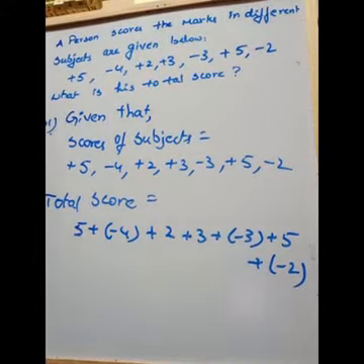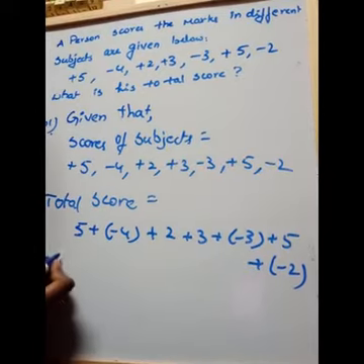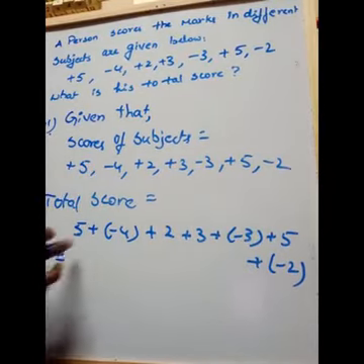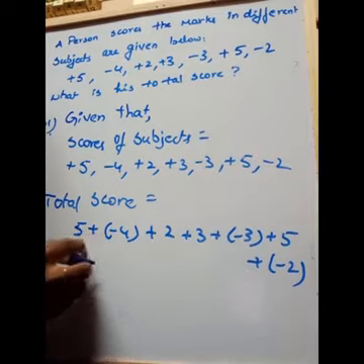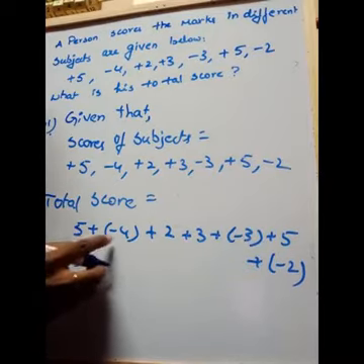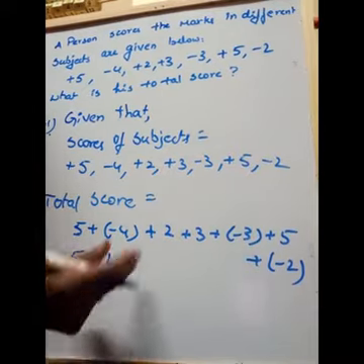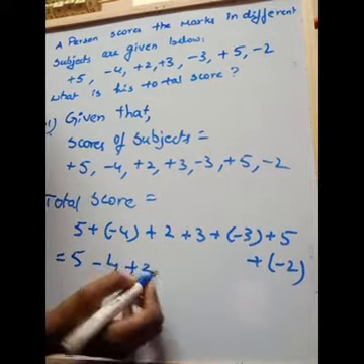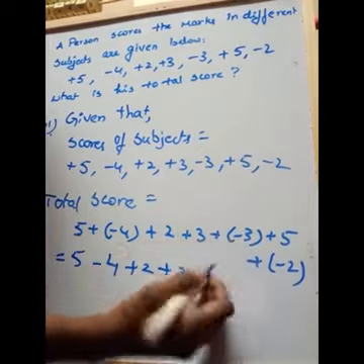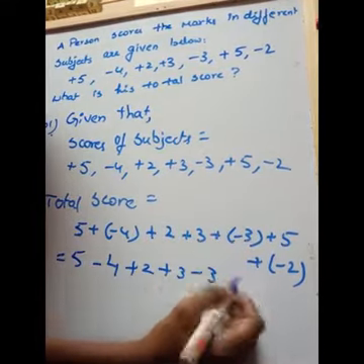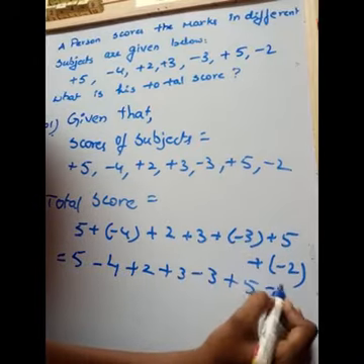Yesterday we already discussed this multiplication of signs. Now what is the next step? You have to open the brackets. So multiply the signs. Plus into minus, minus 4, plus 2, plus 3, plus into minus, minus 3, plus 5, plus into minus, minus 2.